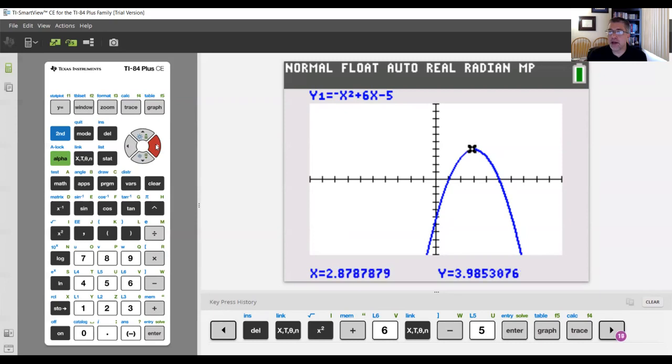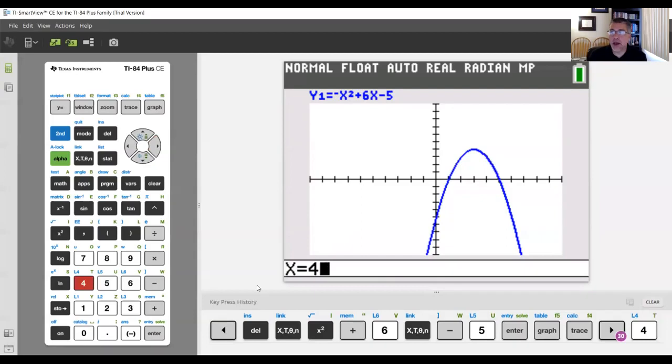I can even find out what certain values are for the range, for the y values, by just typing in values of x. So say that I wanted to find out what the value of y was when x was equal to 4. So all I do is hit the 4 key, and it brings up x equals 4.